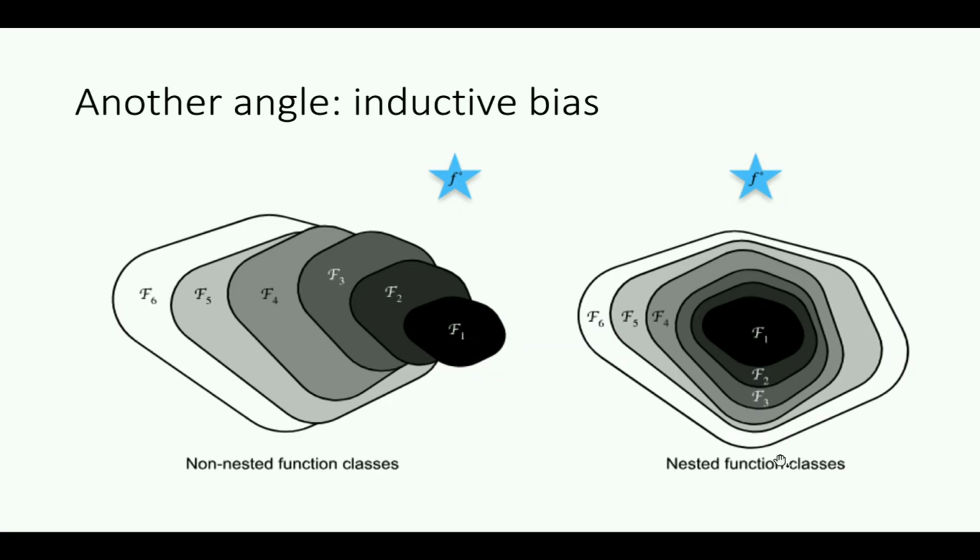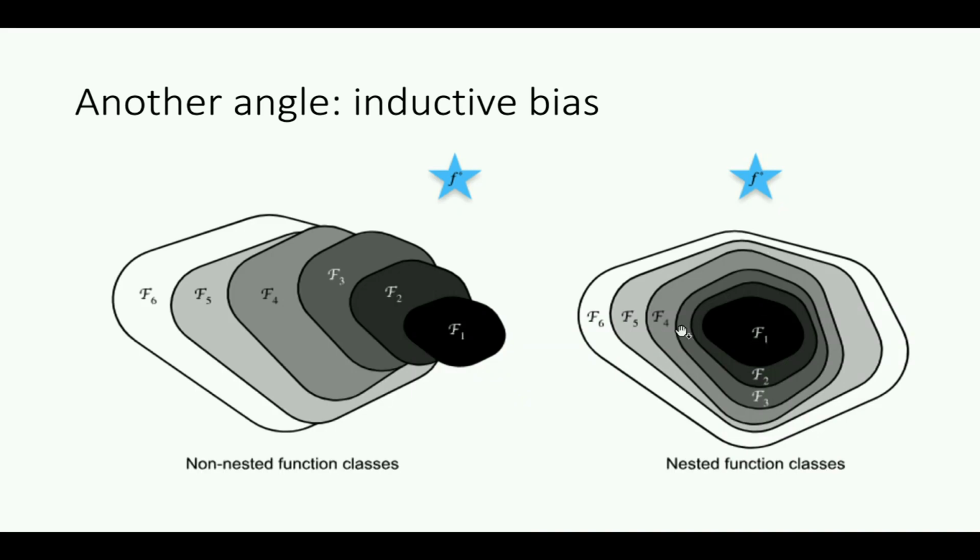Versus there are also nested function classes, where you anchor your function class with a function class of smaller capacity, such that when you increase the capacity, you're strictly covering what the previous function class with smaller capacity captures. And this is an interesting illustration of what the residual network might be doing, because effectively we already say that you can always fall back to F1 if you are not satisfied with your F2 with these residual blocks, and just assign it a super small weight, it will fall back to F1.